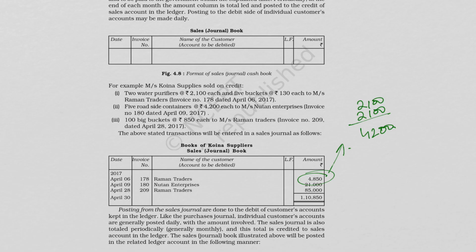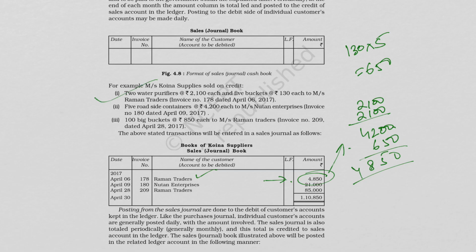Then we had 5 buckets of 130 each, so 130 into 5, we have 650. We'll add both of them, and we have 4850. So we'll record this here. Customer is Raman Traders.